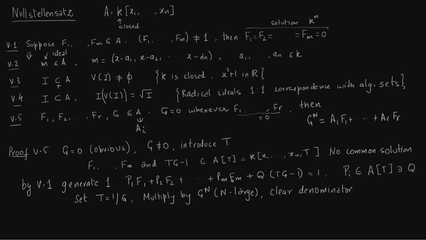And then you know that the left hand side now becomes, since T g minus 1 will become 0 when you put T equal to 1 by g, generated by the polynomials f1 to fm, and the right hand side is g^n.